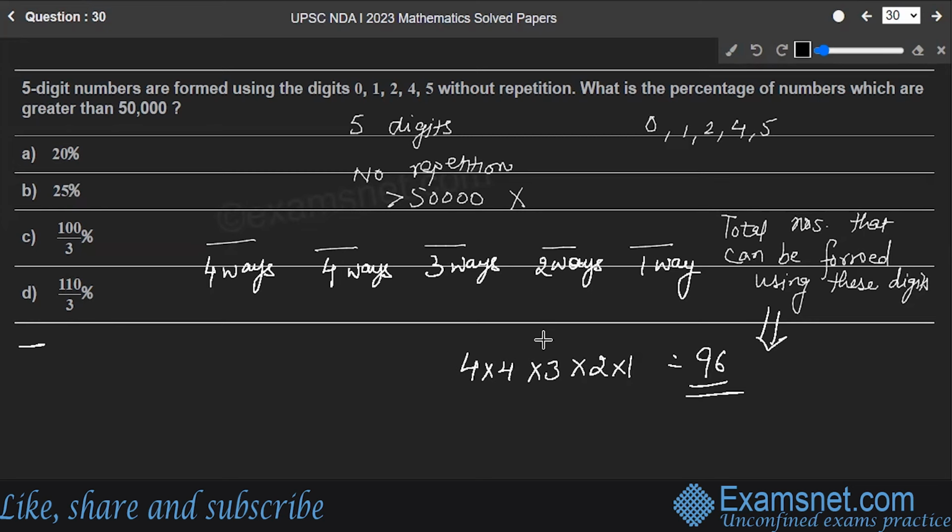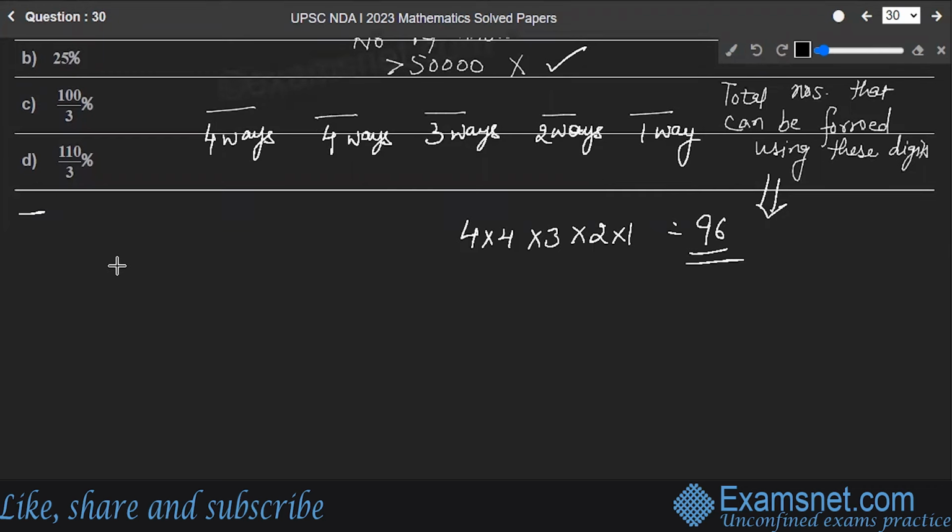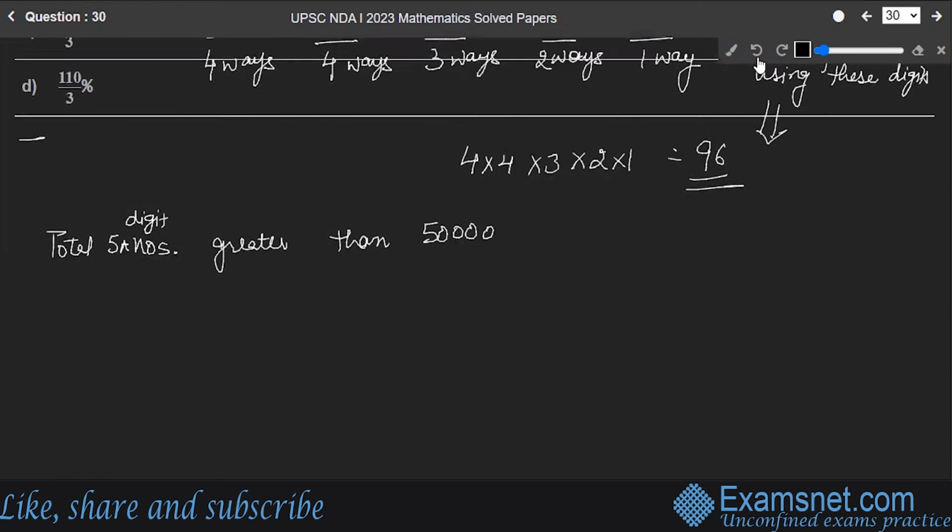Now let's come to the condition. It says the number should be greater than 50,000. So total 5-digit numbers greater than 50,000.